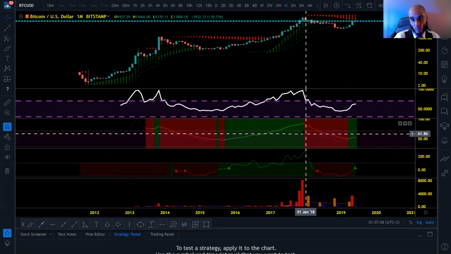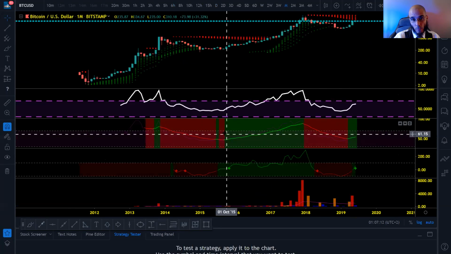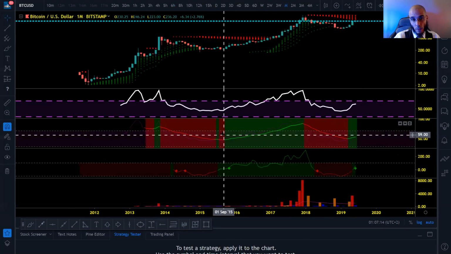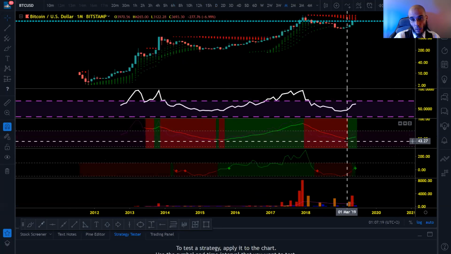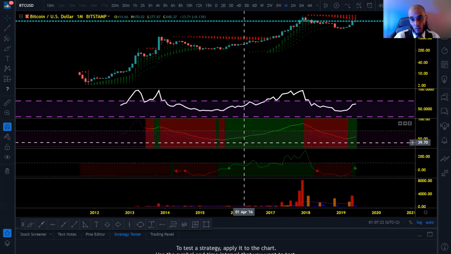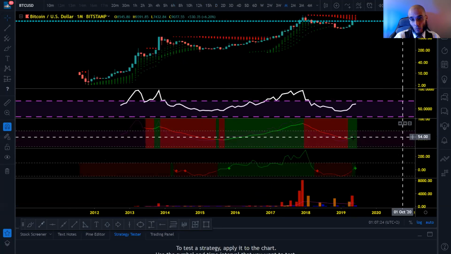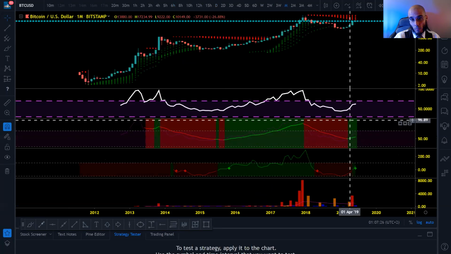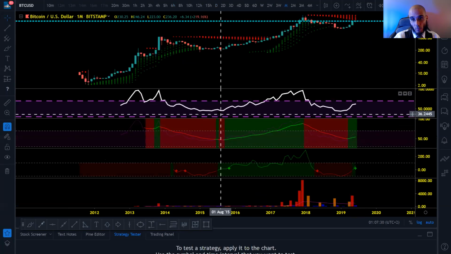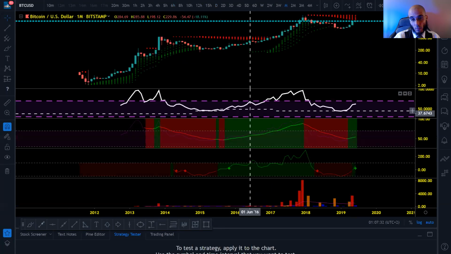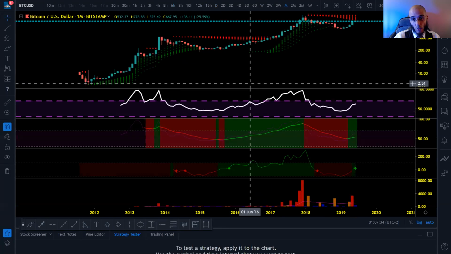Here RSI beautifully did give you the top. And it gave you the bottom here, which is quite impressive. And now it says that the bull market has started. So we are positive. Thought we could be overbought, but we are not on the 1 month. But we are on the 1 week.